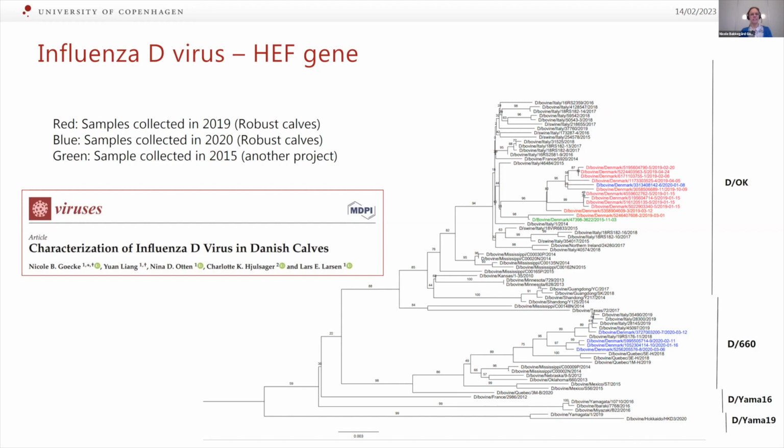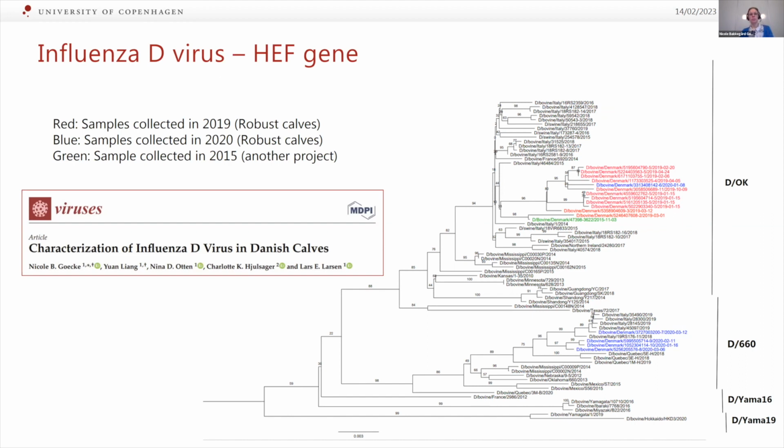An interesting thing here was that all the samples collected in 2019 clustered together in the DOK cluster, while the samples collected in 2020 clustered together in the D660 cluster, except for 1 sample.